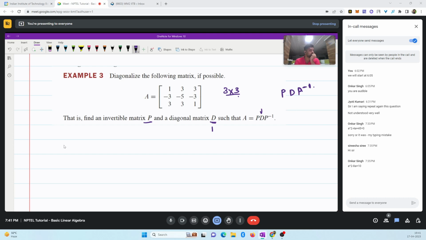Then equality of matrix A equals D. But matrix multiplication is not commutative, right? You can't say AB is equal to BA. This is not always true. So that's why you can't take this P to the other side and make it an inverse.